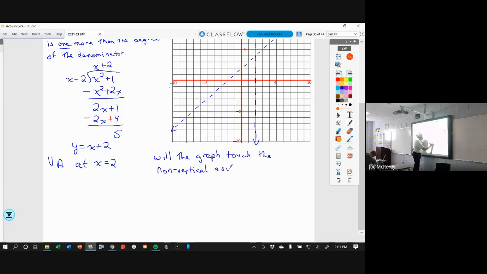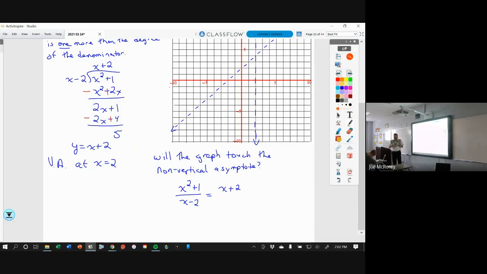To find that out, you take the original function itself, which was x squared plus 1 over x minus 2, and set that equal to the non-vertical asymptote, which was x plus 2. That is the oblique. Oblique is non-vertical. We should stick with one name.